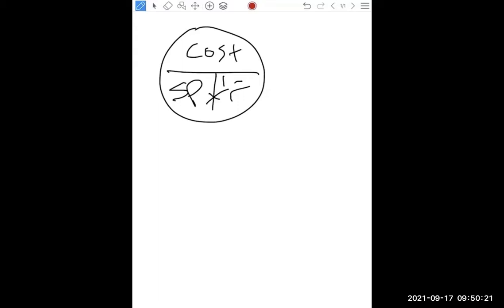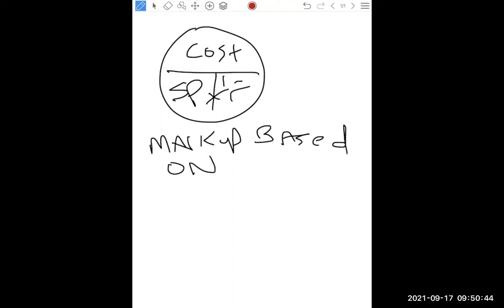Okay, so this one's going to be using a different formula. I apologize. But basically, if you know the markup based on selling price, there's a formula for that. If you know the markup based on cost, there's a formula for that. And so the formula for markup based on, this one's asking you for markup based on selling price.